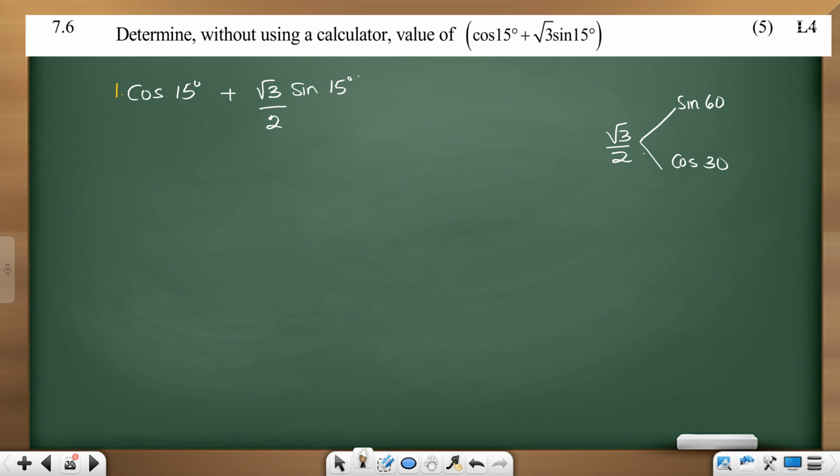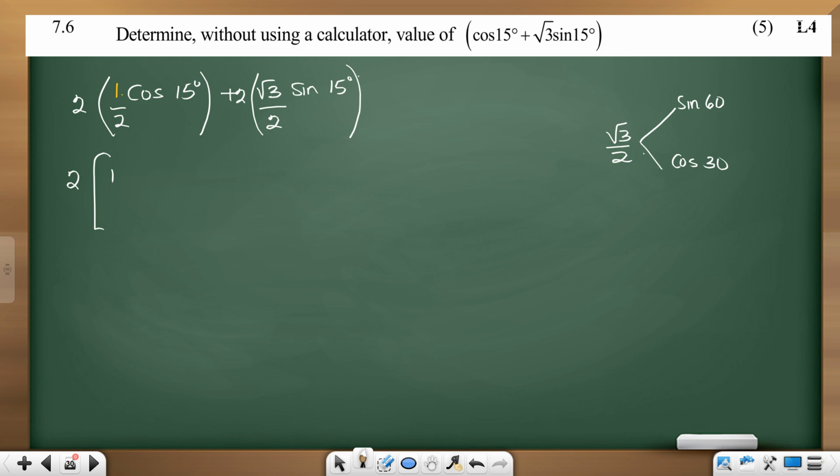So I have not changed my equation. If I divide by 2, I should also multiply by 2. Have I changed the equation? No. What's common? 2 is common, right? So what do I have?